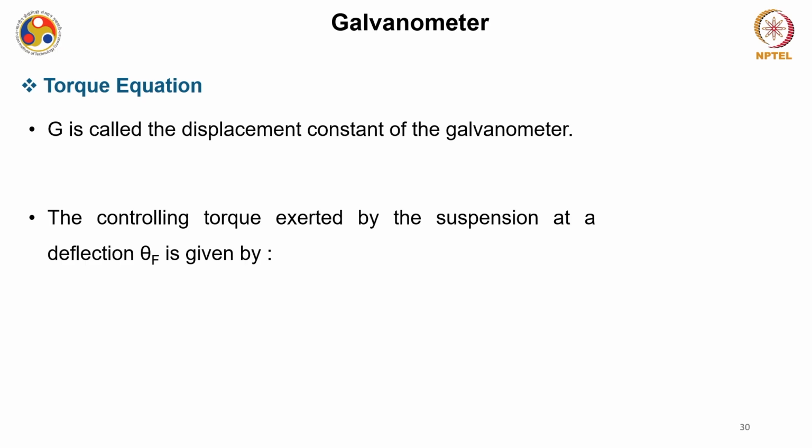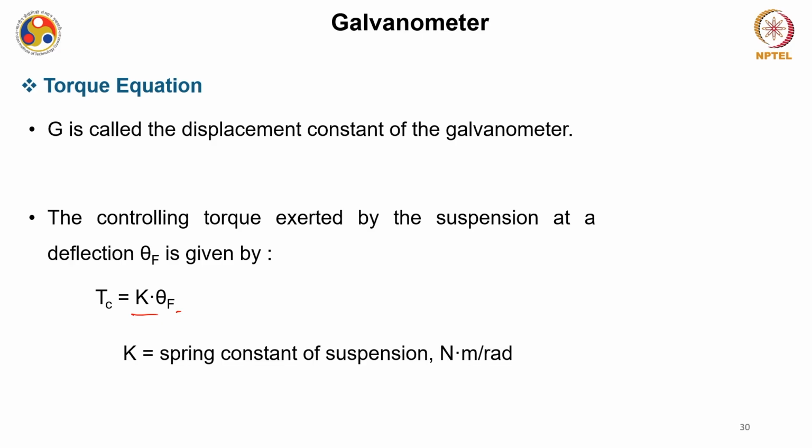The controlling torque exerted by the suspension at a deflection, say theta f, is given as TC equal to K into theta f. Of course, this comes from the spring constant, where K is the spring constant of the suspension. This is equation 6.